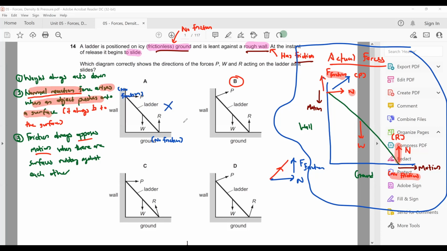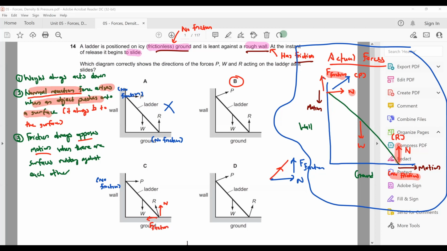This is wrong. Now, if I look at C, P is horizontal. This one means that there's no friction. The P itself is just the normal reaction force. But for R, notice that it's diagonal already. It can only be diagonal if in the first place you have a normal reaction force and you have a force of friction here.